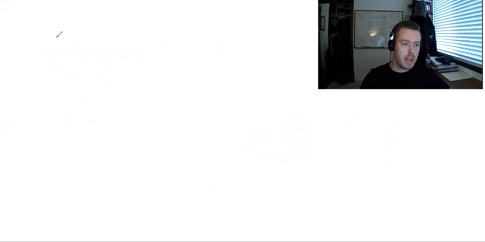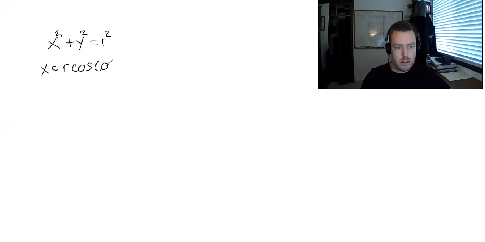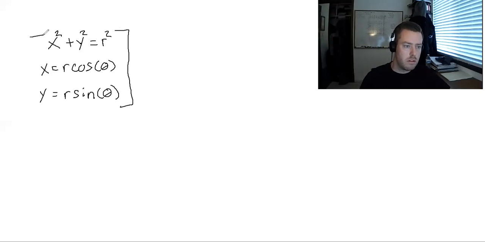Remember we have your distance formula, which is x squared plus y squared equals r squared. Remember we have x is equal to r cosine theta, and y is equal to r sine of theta. Cool. So let's do the easy part and plug it in.